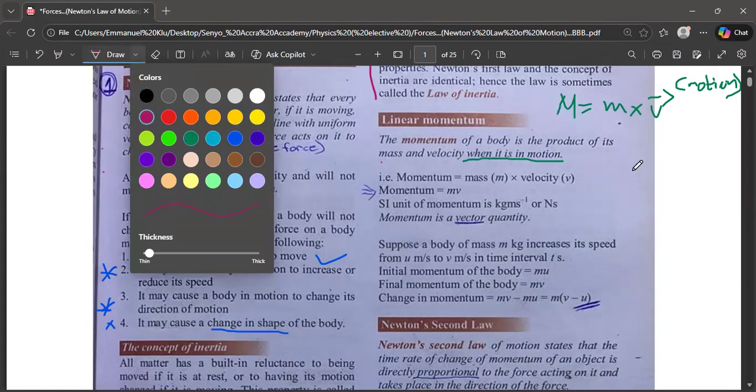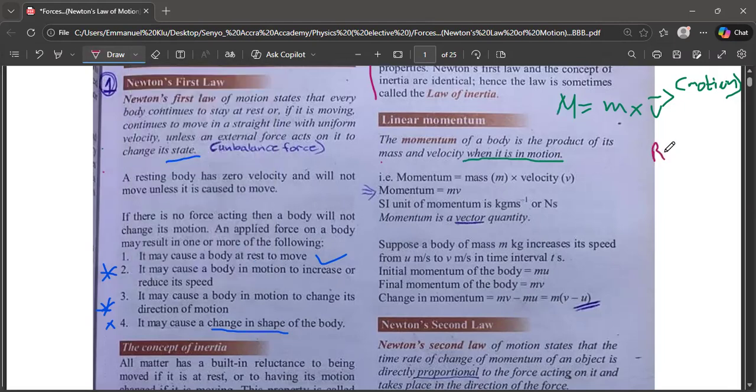If the body is at rest, then our momentum is going to be equal to what? A body that is at rest has mass, so we can write mass. Now, if you are at rest, you are not moving. What is the value of your velocity?